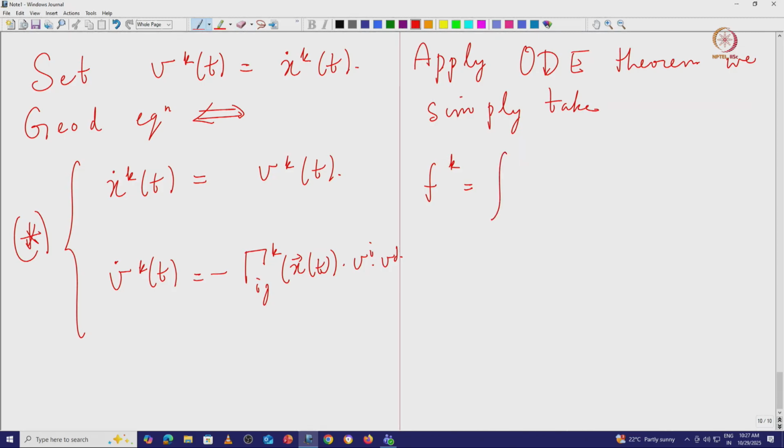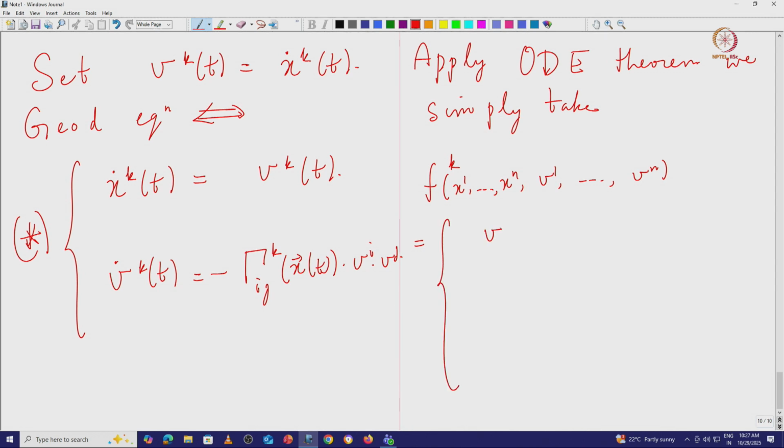So f, which depends on x^1 up to x^n, v^1 up to v^n, is given by the following formula.